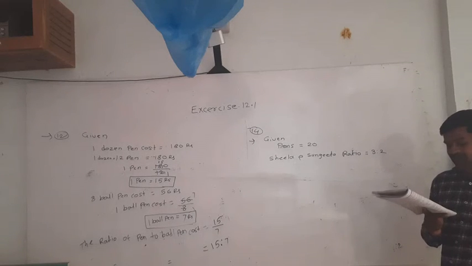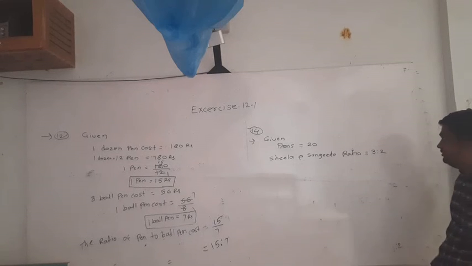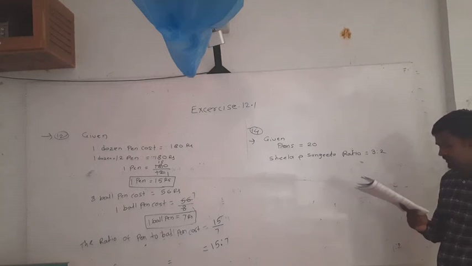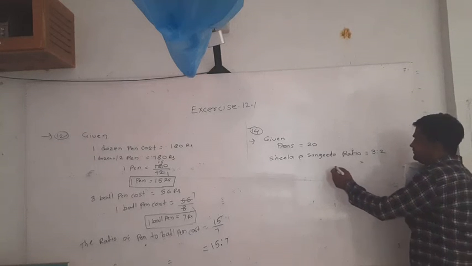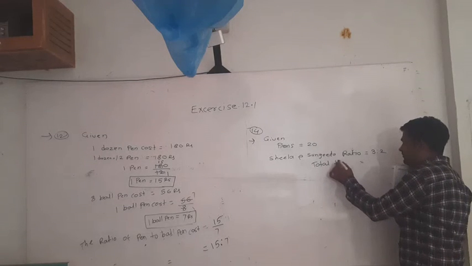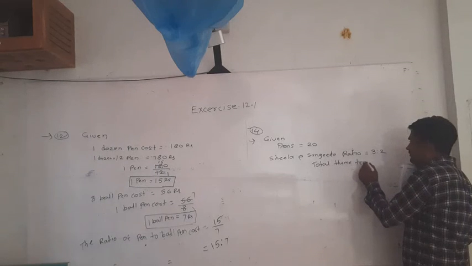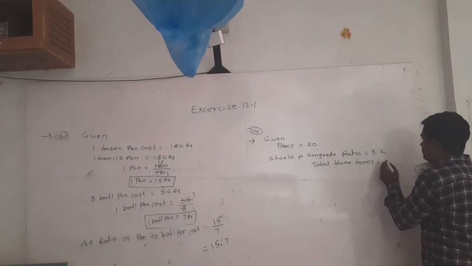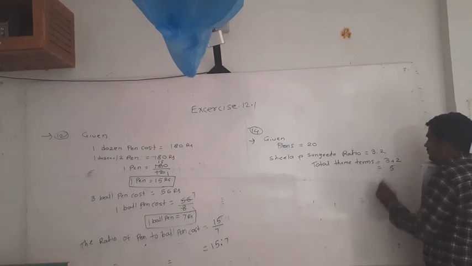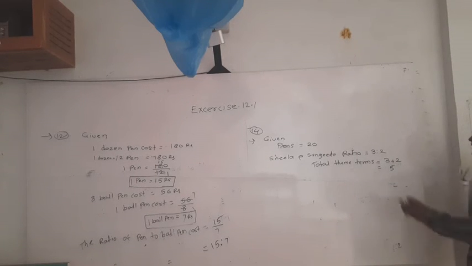You want to divide the total pens. So the total terms of both parts of the ratio: 3 plus 2 is equal to 5.